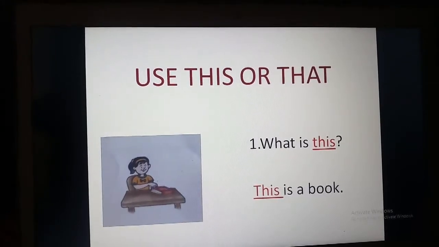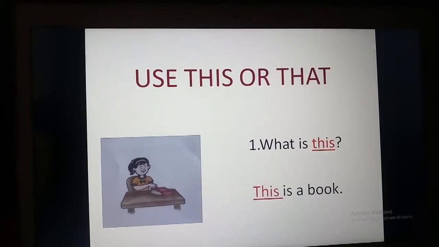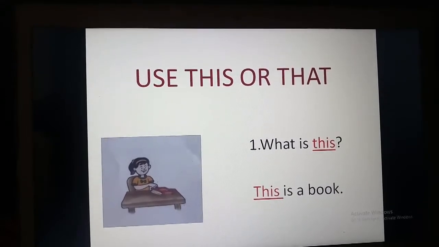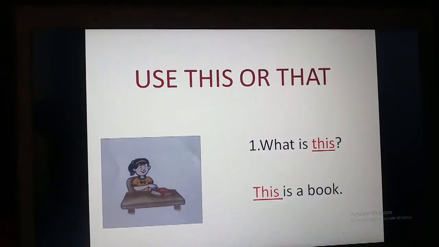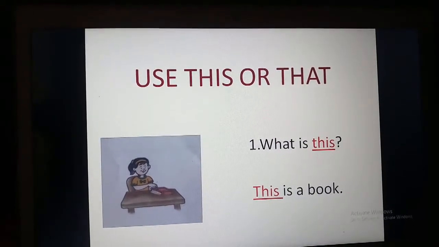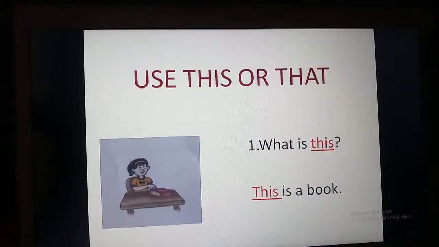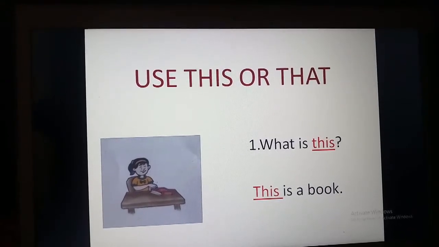So, we will write this. See, I have highlighted the answer with red color. What is this? This is a book. Understood? What have we written? This. What is this? This is a book, because the book is near to the girl.